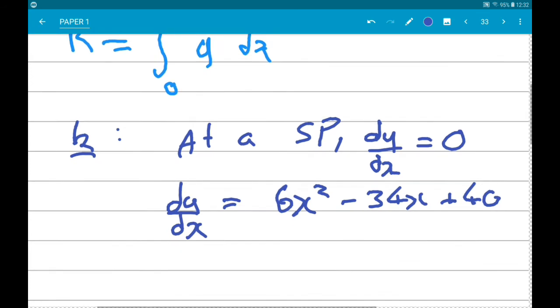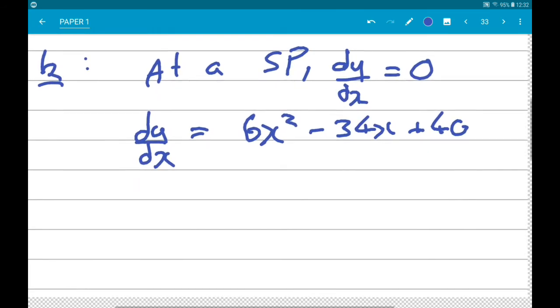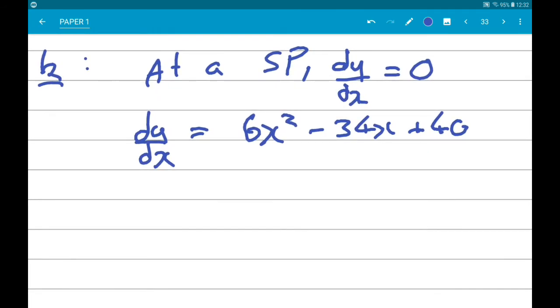So that has a common factor of 2. So if we set it equal to 0, we can divide through by 2.